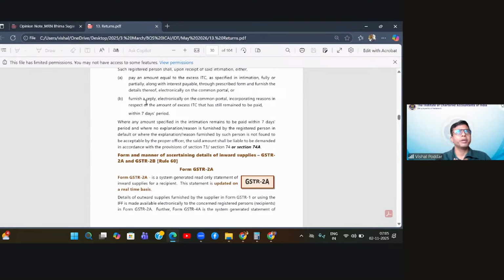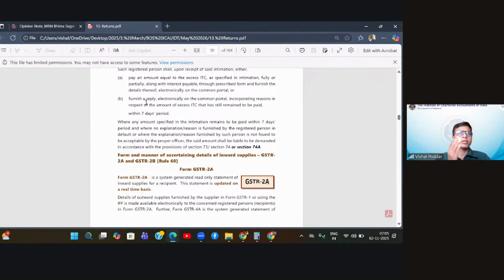So now the recipient has been empowered to take one of these actions on the invoice and the details reported by the supplier. Wherever now recipient feels that there is some mistake, either an invoice is wrongly uploaded or the details in the invoice are not correct, the recipient is now empowered to take the action.